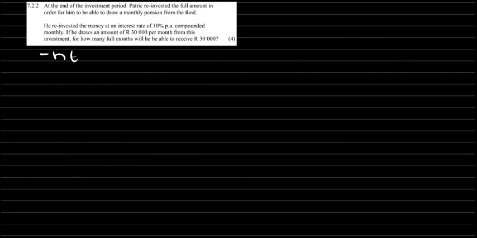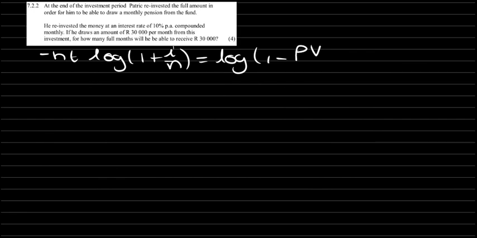Minus NT log of (1 plus I over N) equals log of 1 minus PV over P times I over N. I think it's something like that.